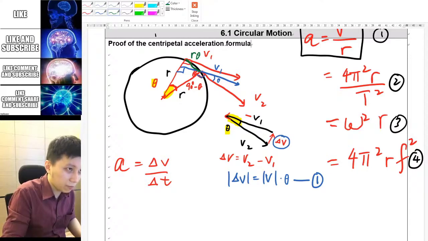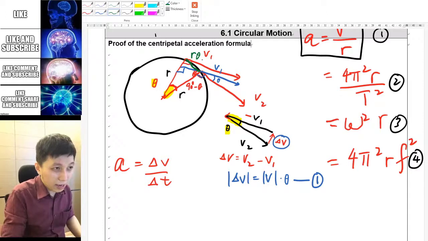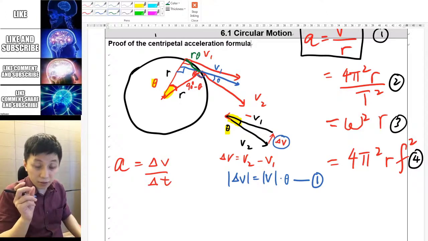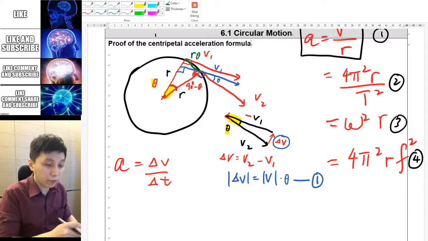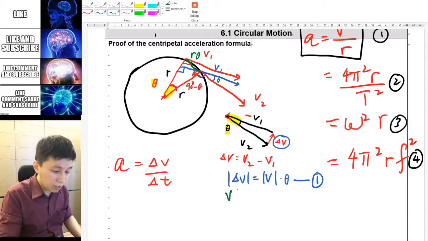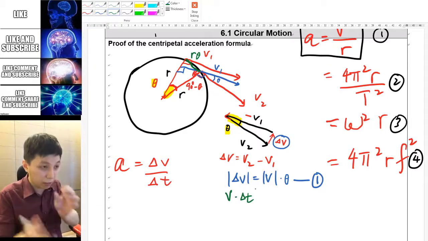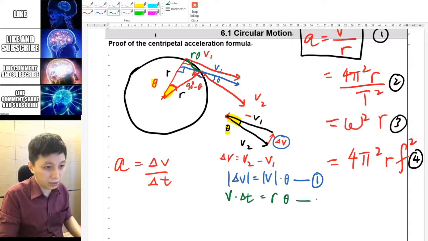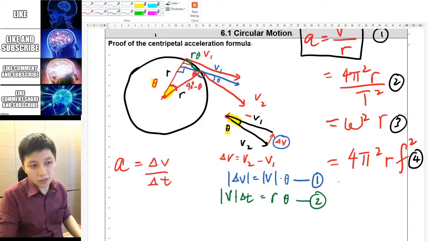That is the amount of displacement that you move. So that is V times delta t, which is the displacement, and from this triangle that displacement is r theta. That's equation 2. I forgot to put down the absolute value. Okay, now it should be correct.